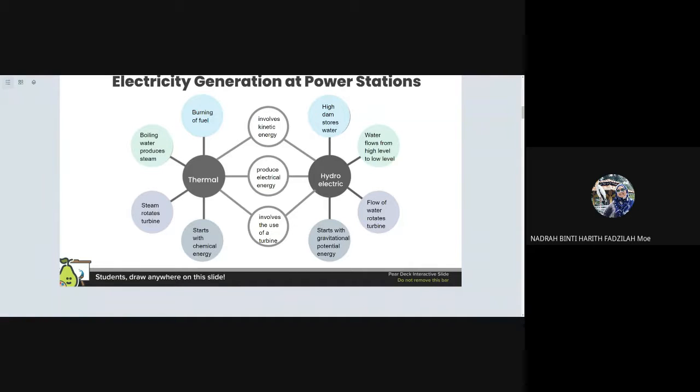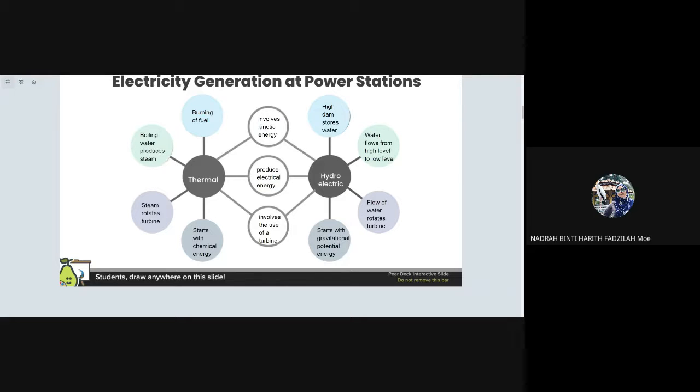process. Tadi kita cakap pasal source of energy. Sekarang kita cakap pasal proses pula. So the burning of fuel tadi, dia punya proses dia ialah is used to produce boiling water that converted into steam, atau macam Abdullah pointed out dekat sini, boiling water produces steam.